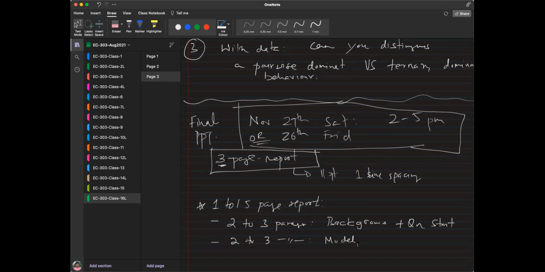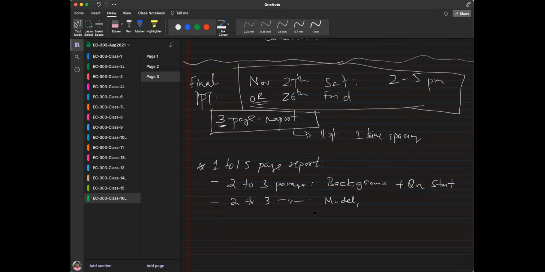Whether the model is developed by you or you're adopting somebody else's model is totally irrelevant to me. I just want to make sure we have the model. And then quickly next steps, in bullet points.